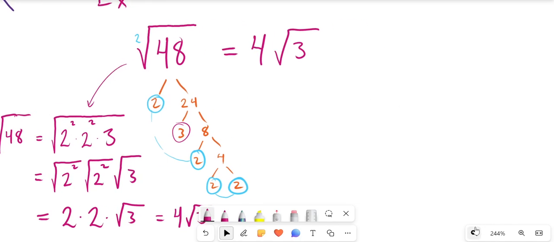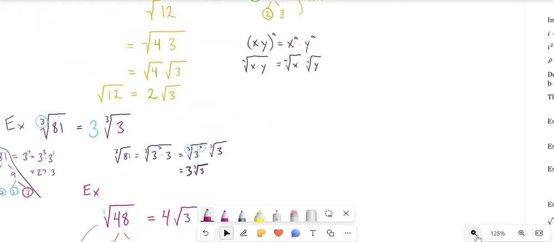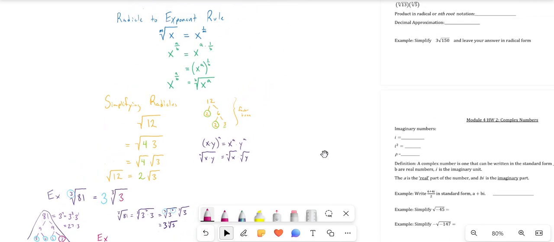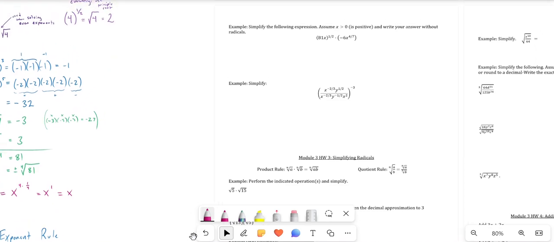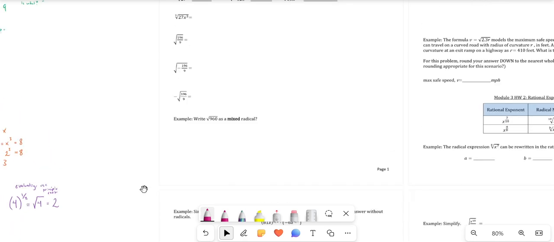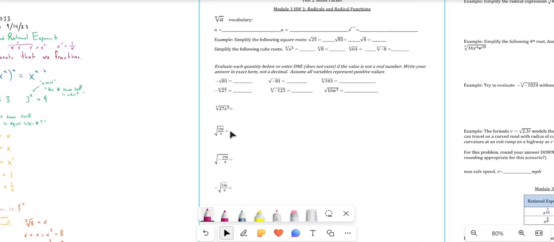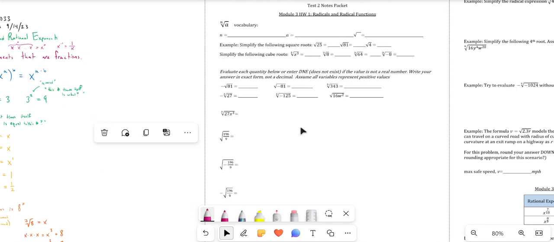Let's go consult the worksheets. I have them copied over to the side here. And let's work out a few of these for ourselves.